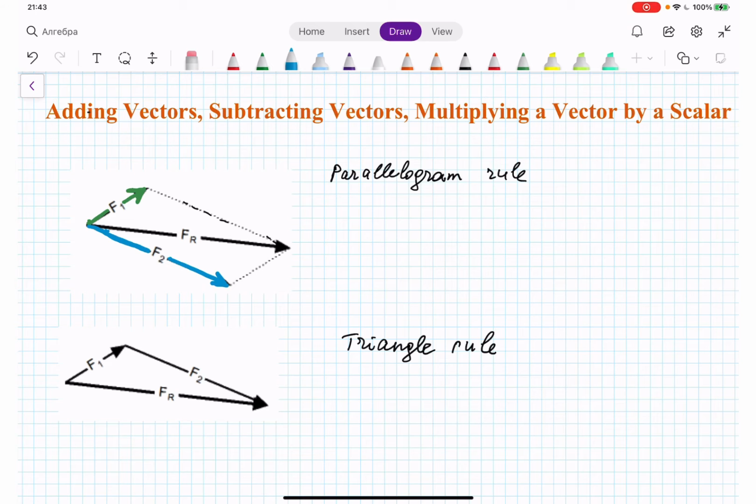From the beginning of the first vector, we are drawing the second vector. Okay, so adding two, completing the diagonal, considering these two vectors as sides of the parallelogram, the diagonal of this parallelogram is going to be the resulting sum of these two vectors.